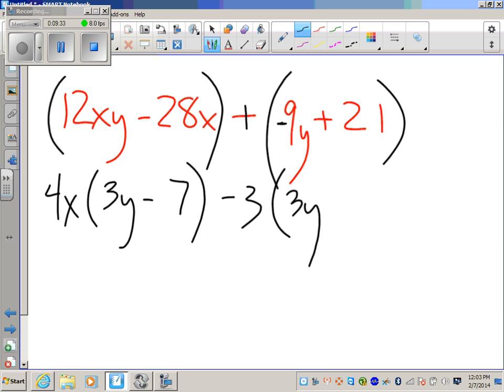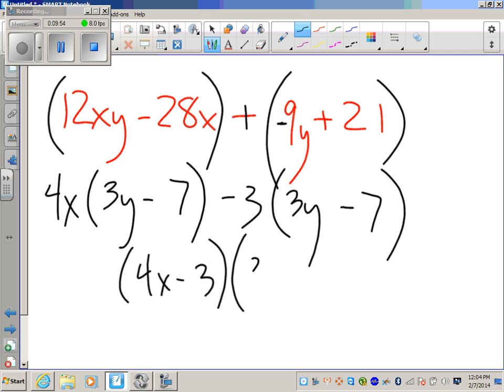Negative 3 times what gives me a positive 21? Negative 7. Okay. If I don't do that, I'm not going to get these to be the same, although they would mean the same. So when wrapping it all up, a 4x minus 3 and a 3y minus 7.